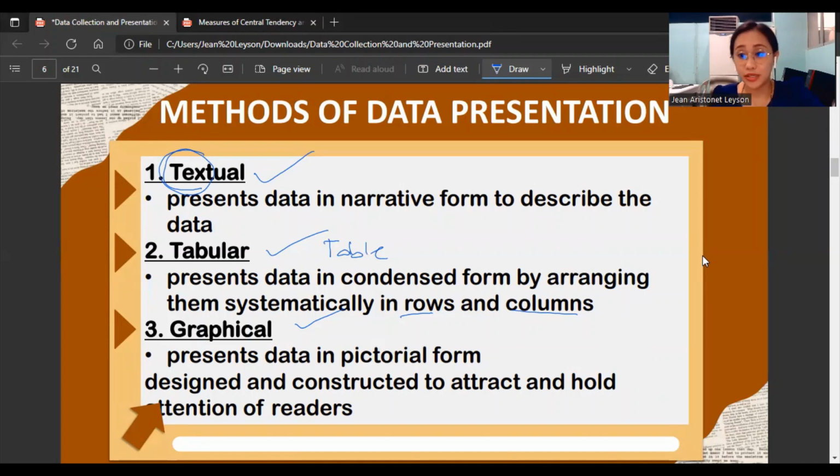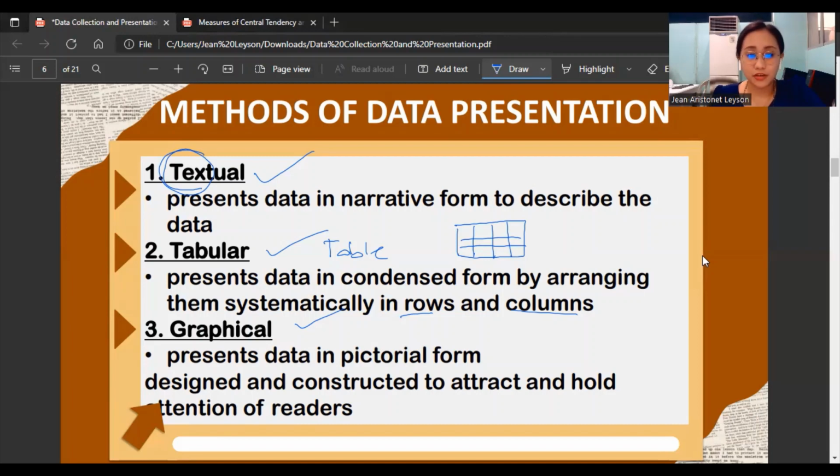And I know that we're already familiar with a table, not a material table, but a table composed of certain rows and columns, and the data is arranged systematically.